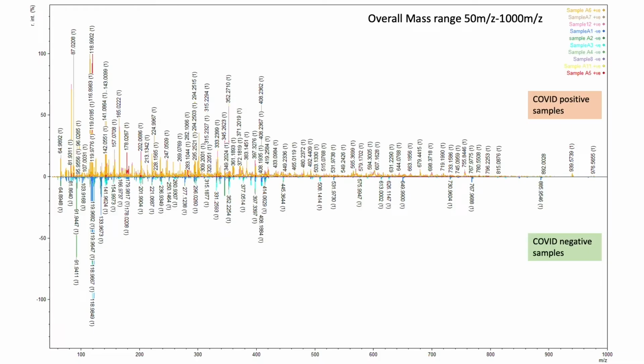So one of the big differences that you can see here, just from this quick picture, and I'll show you some more in a little bit, is the COVID negative versus the COVID positive samples. The organic load is much higher for the COVID positive samples, which are going positive there, and the COVID negative going negative, but you can see just a huge amount of organic signature that's coming out, which was promising to us, but we needed to make sure that we could see compounds that were reproducible and the compounds that were volatile.